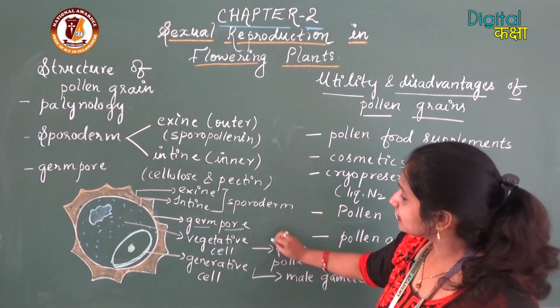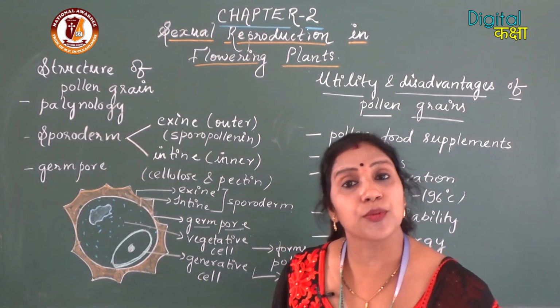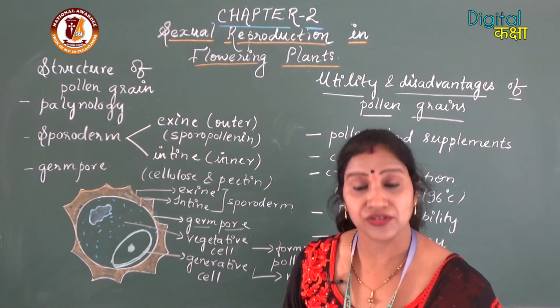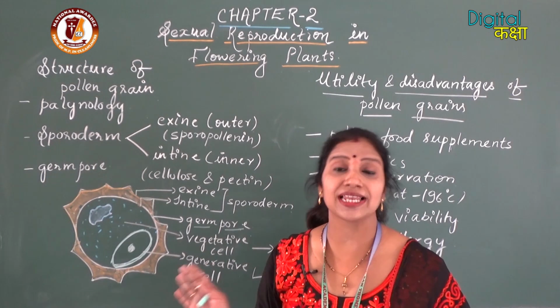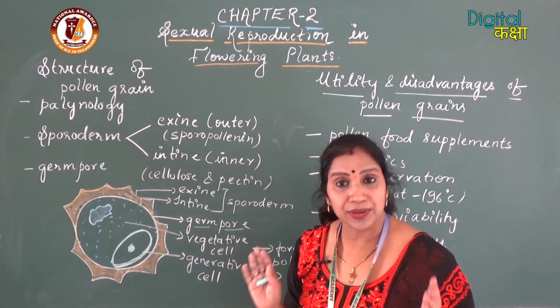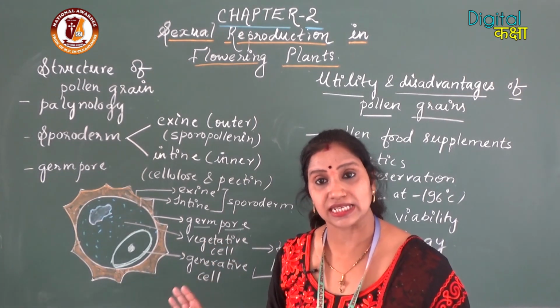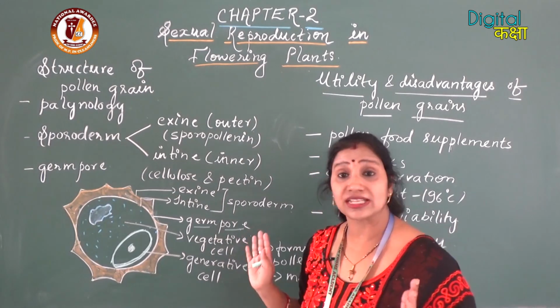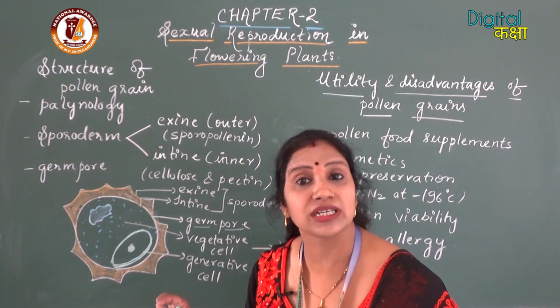So we will see the difference between the vegetative and generative cell. The pollen grain consists of two types of cells, vegetative cell and generative cell. The vegetative cell is the bigger cell, and the generative cell is the smaller cell. The vegetative cell has a dense cytoplasm and an irregular nucleus.